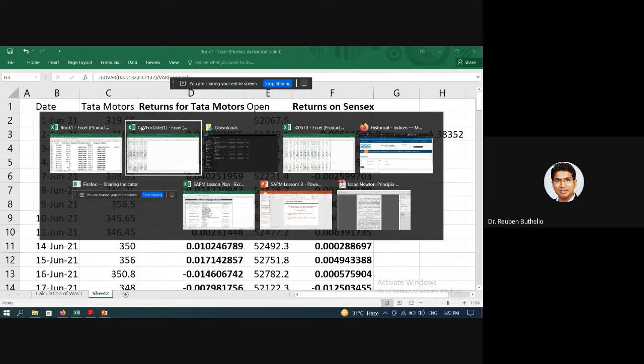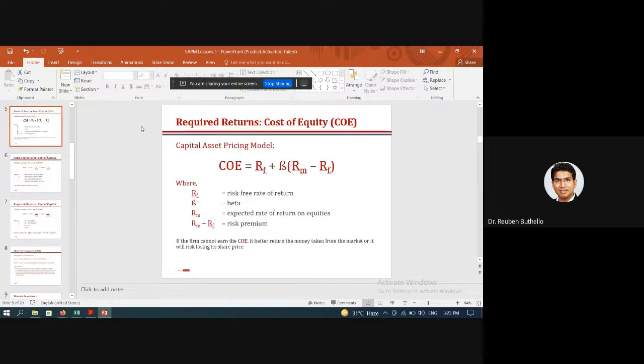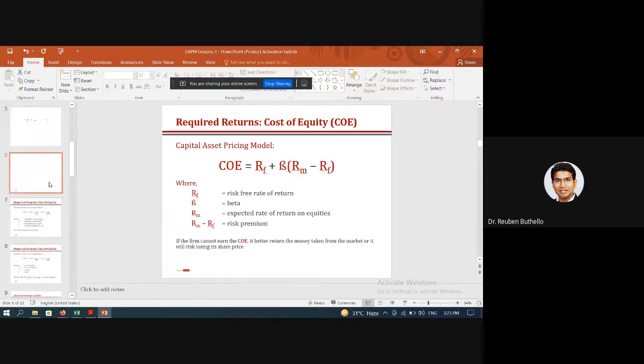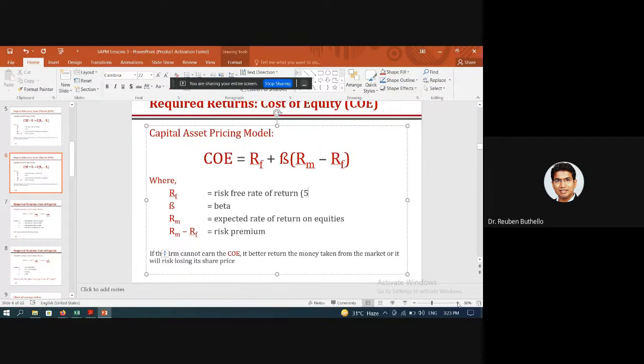So what I'm going to do is use this beta in my CAPM model. We had already learned in the CAPM model that COE, cost of equity, is RF plus beta into RM minus RF. Now my risk-free rate of return, I'm going to assume to be 5%. Hope it's clear to everyone.